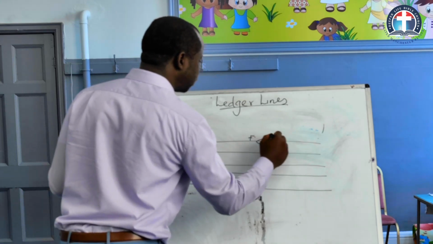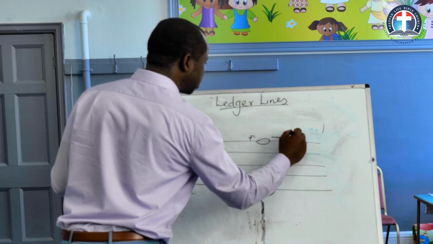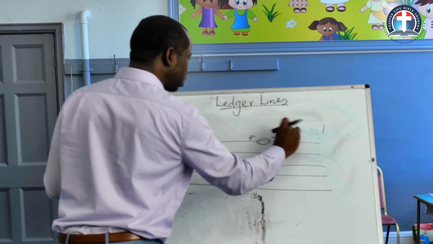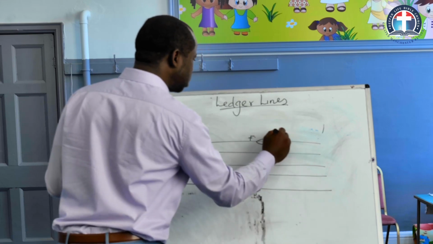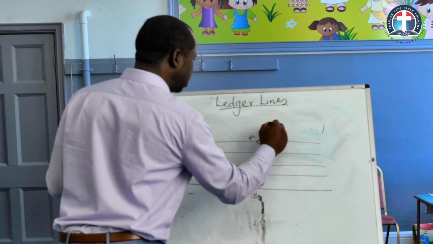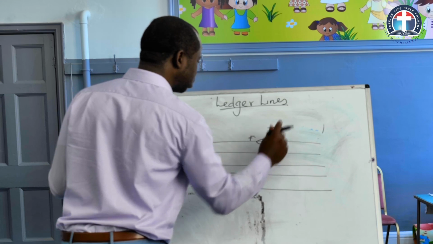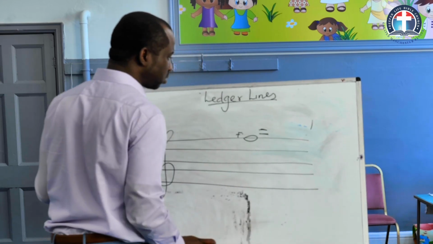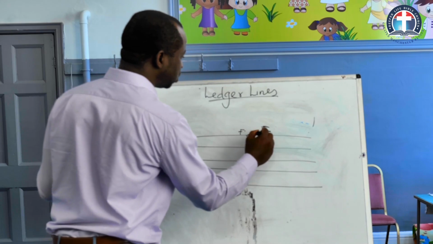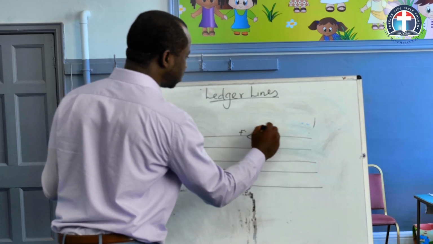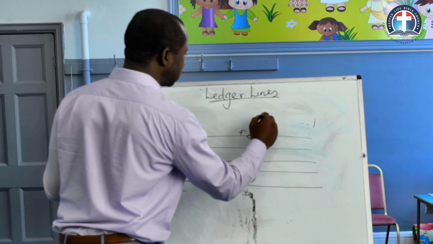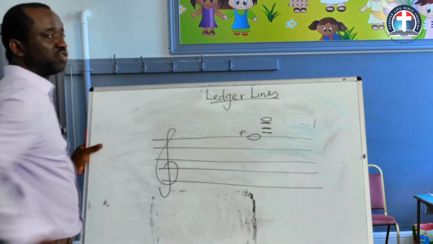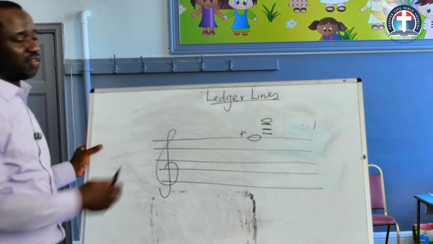This is F, G, A, B, C, D, E. Then this is F, right? So you see that this F is an octave of this, right? This F is an octave of this.